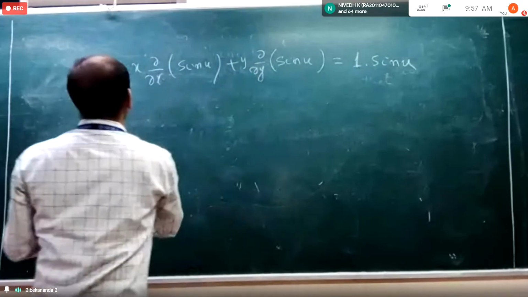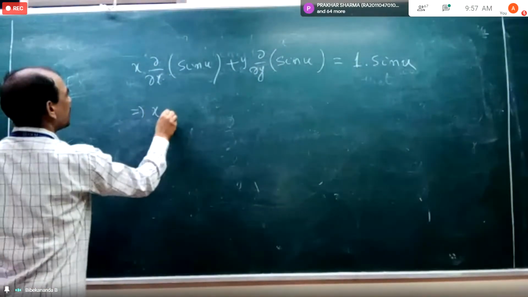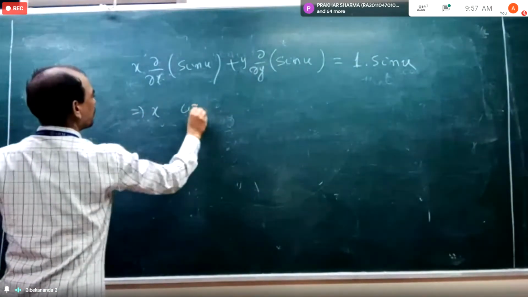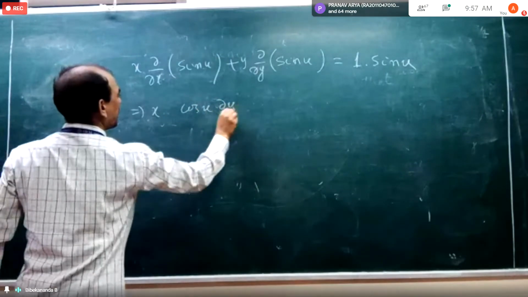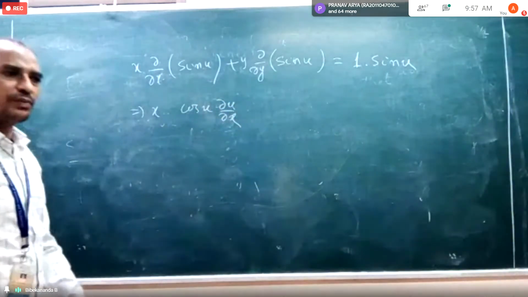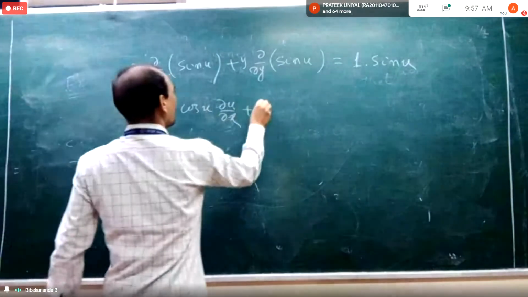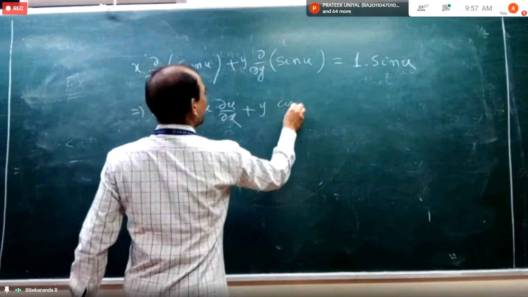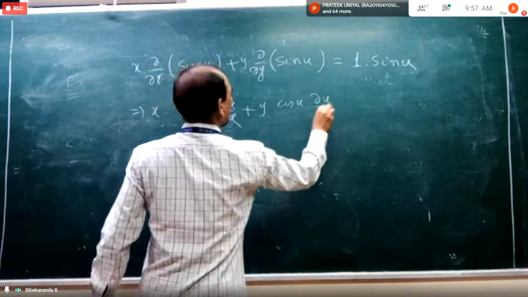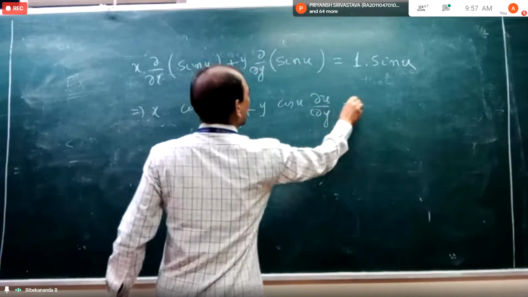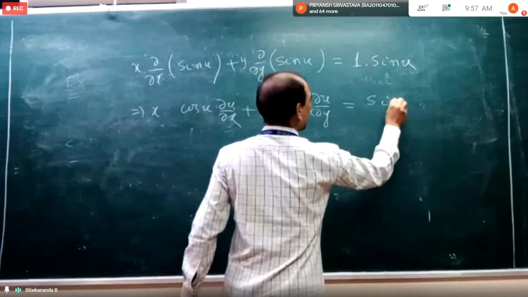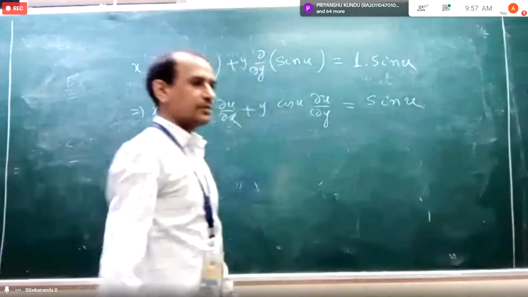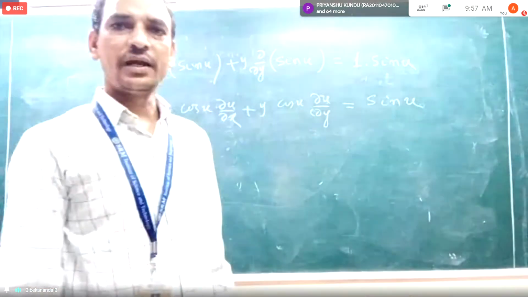So this implies x into the derivative of this one, cos u dou u by dou x, plus y cos u dou u by dou y is equal to the right hand side, which will be nothing but sin u.